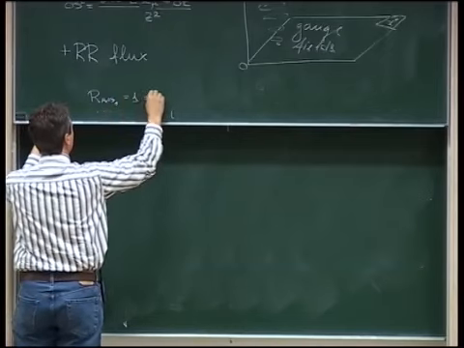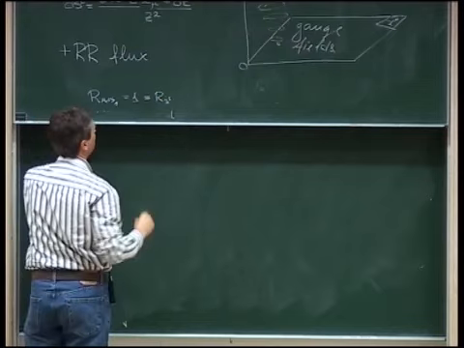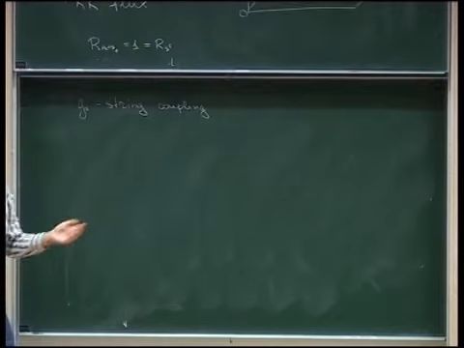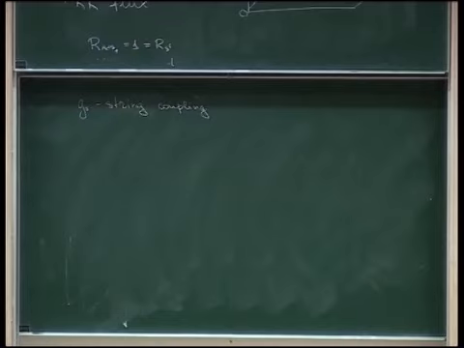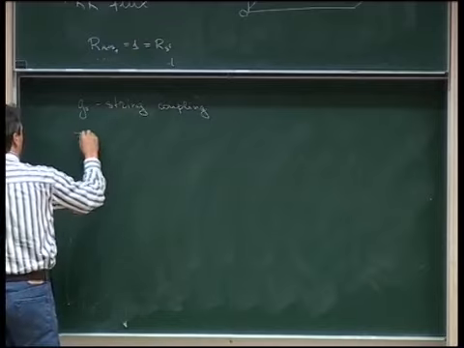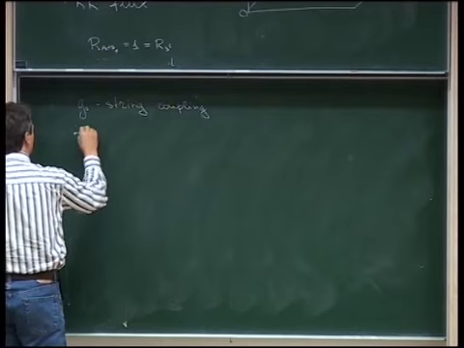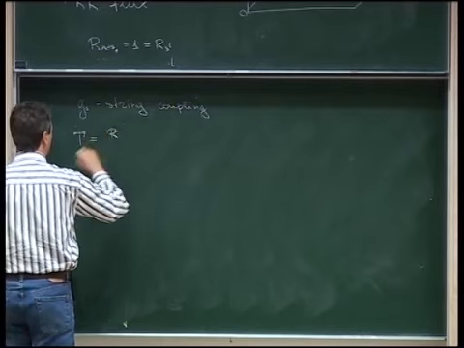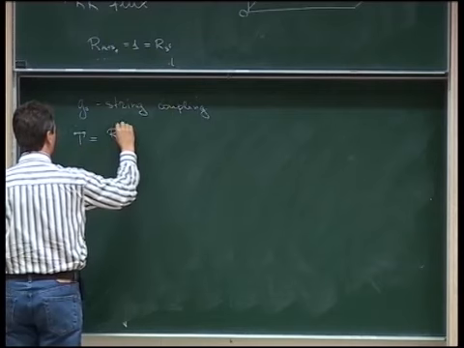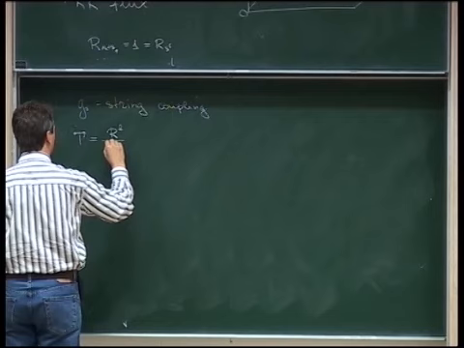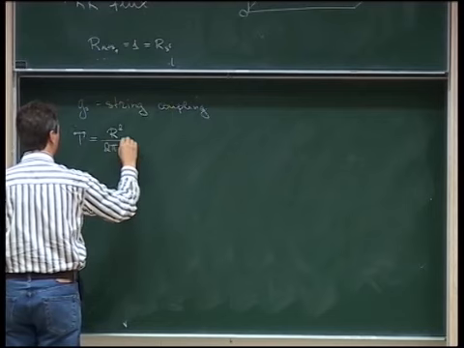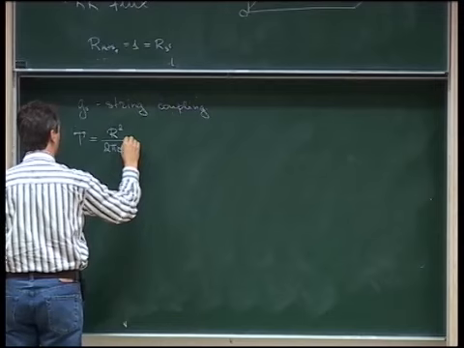And for consistency, we should also put the radius of S5 to be 1. So we measure everything in units of the radius. So then there is also the string tension, which can be thought of as the ratio of the radius squared to 2π α′.